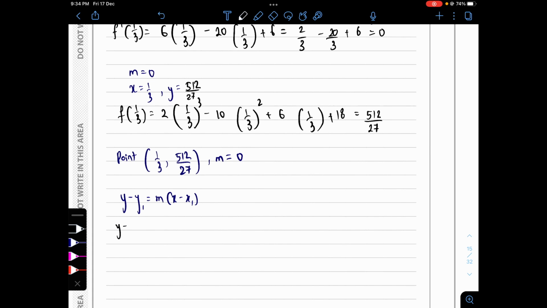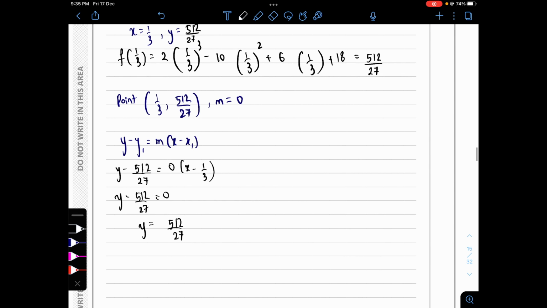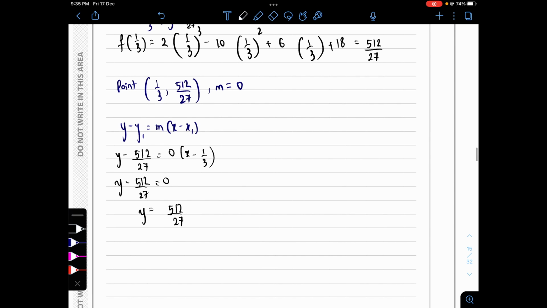So y minus 512 over 27, gradient is 0, x minus a third, and 0 multiplied by everything is just 0, so we have y minus 512 over 27 equals 0. So our equation is a straight line at 512 over 27. So this is our tangent line at x equals a third. So this is our final answer.